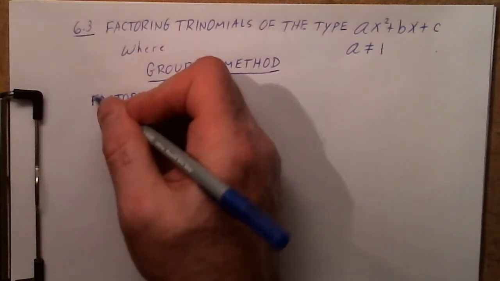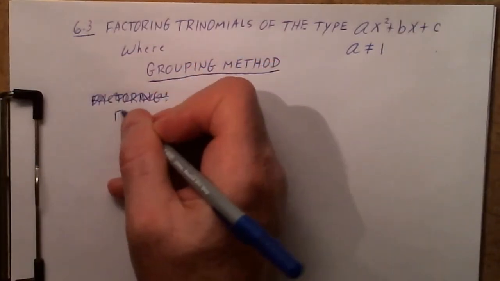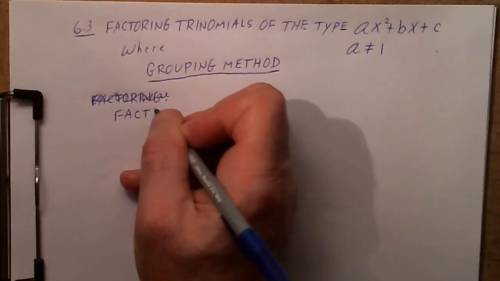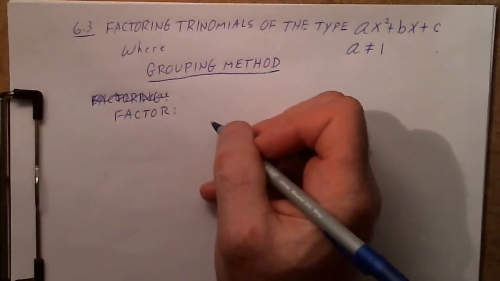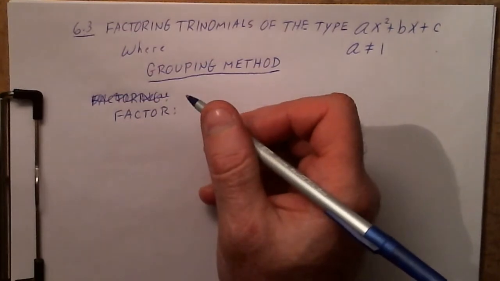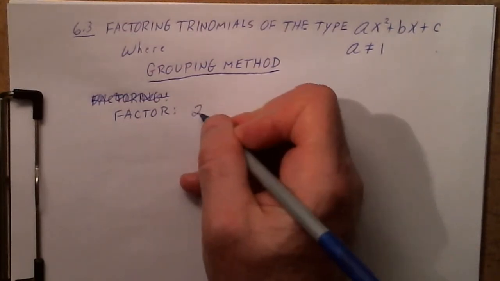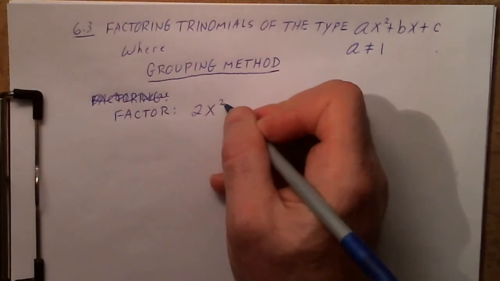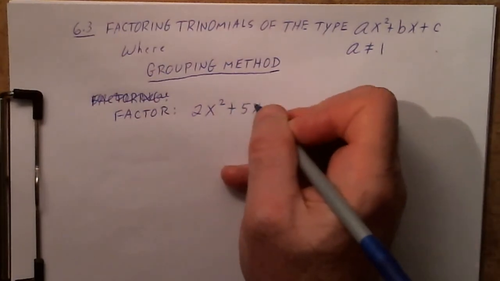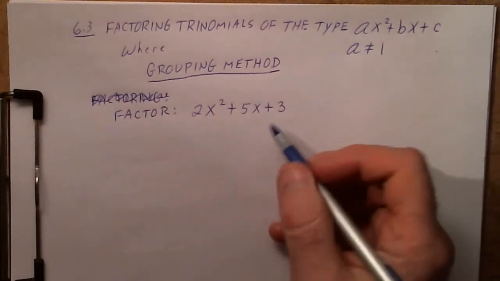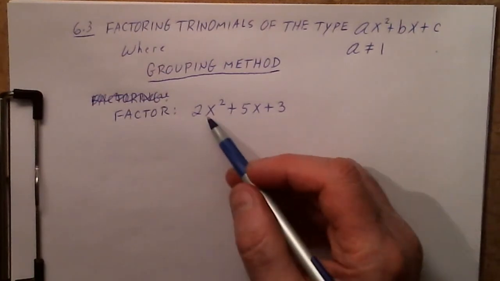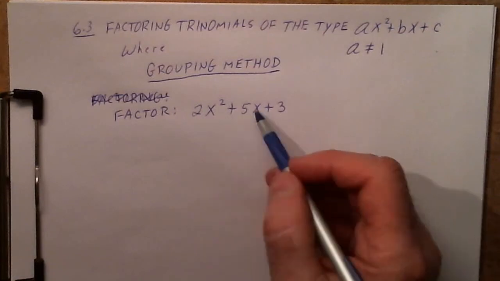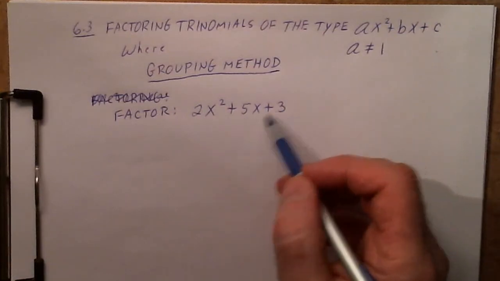Okay, so the instructions, like they have been for the entire chapter, is the word factor. All right, let's start off with this one, 2x squared plus 5x plus 3. Notice there is nothing we can factor out of all three terms of this trinomial, except 1 or negative 1.